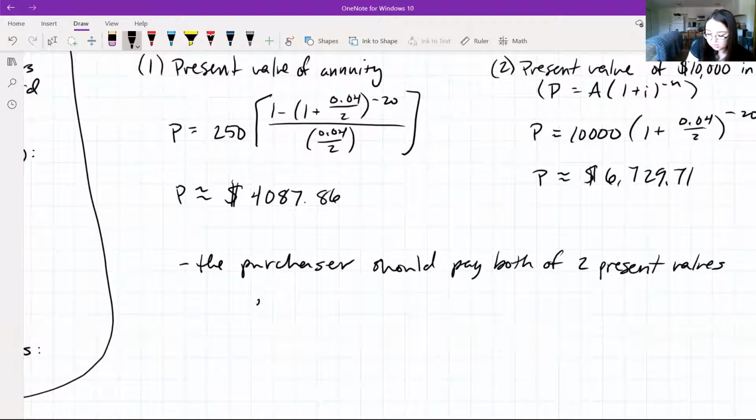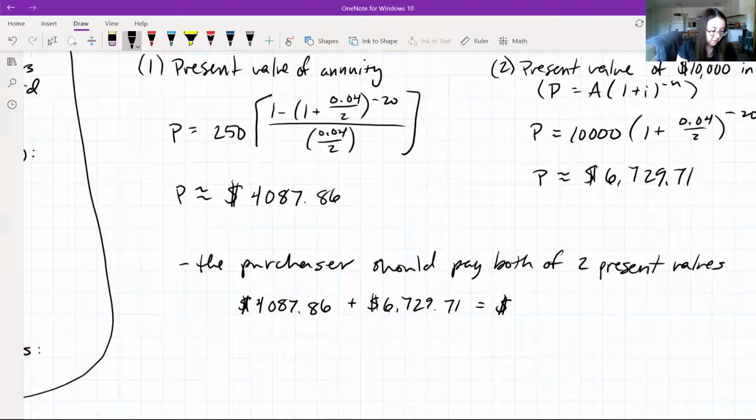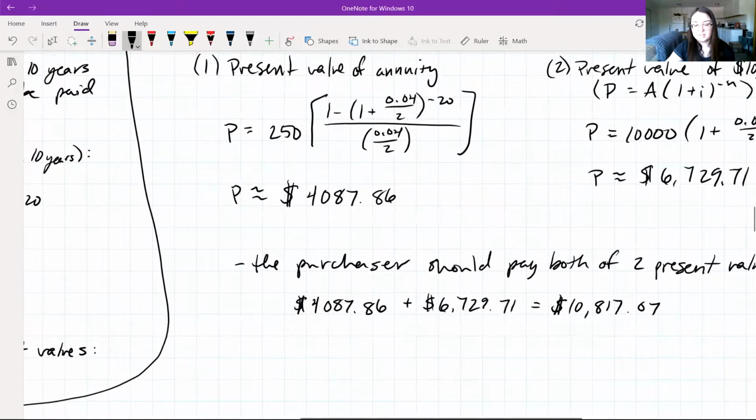So we just add them up, so we have $4,087.86 plus $6,729.71. And after adding these up, we should end up getting $10,817.07.